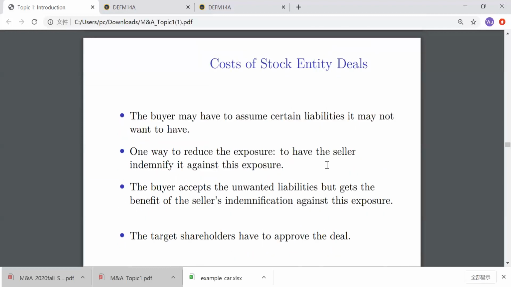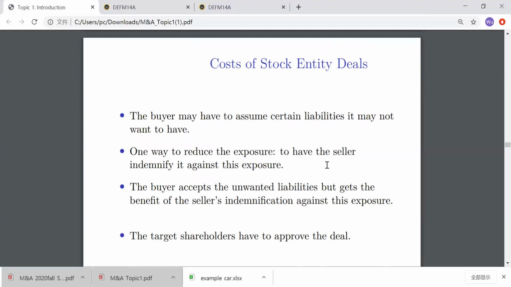Of course, there are also costs of a stock entity deal, right? One of the costs is that the buyer will have to assume certain liabilities. And one way to get around this issue is that the buyer can have the seller indemnify against the exposure, right?